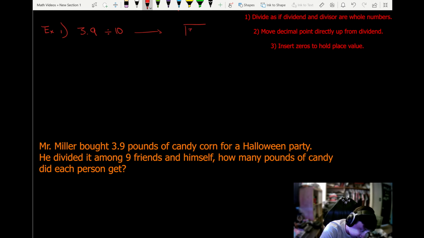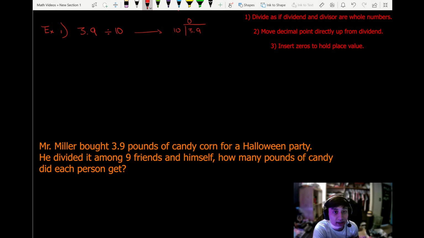So we have 3.9 as the dividend, because it's the number being divided, and 10 as the divisor, because it's the one doing the dividing. Step 1 says divide as if the dividend and divisor are whole numbers, so we're kind of ignoring the decimal right now. How many times does 10 go into 3? 0 times, right? So we check the first 2 digits.